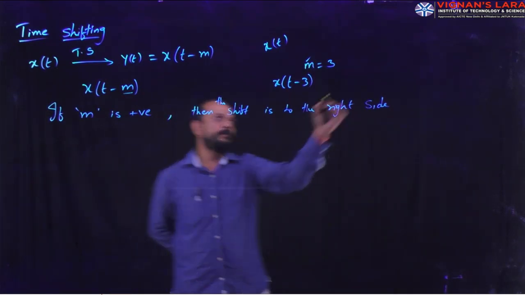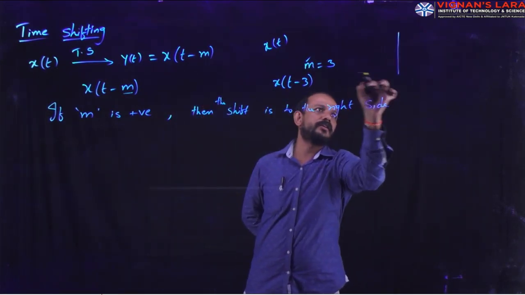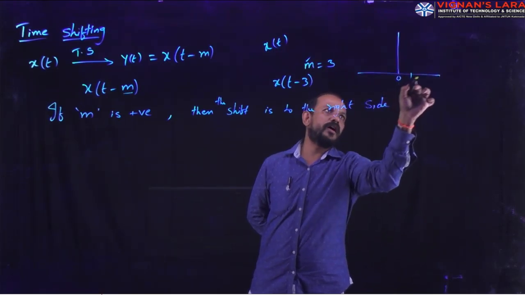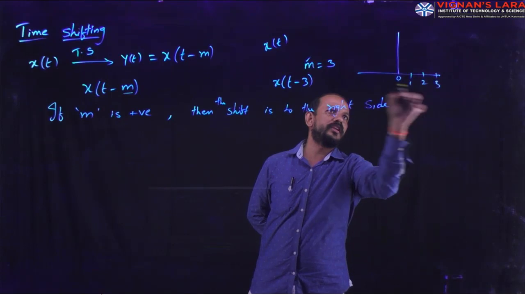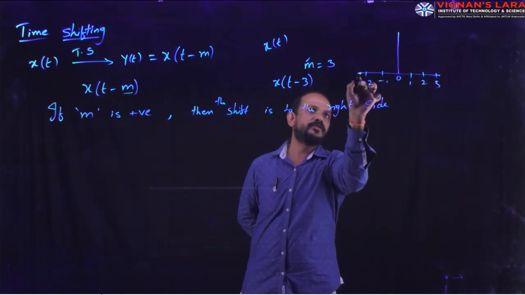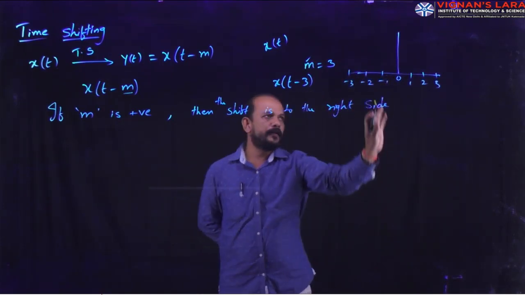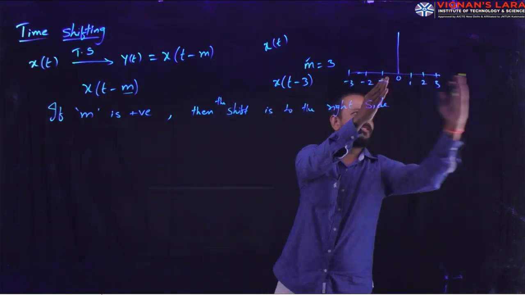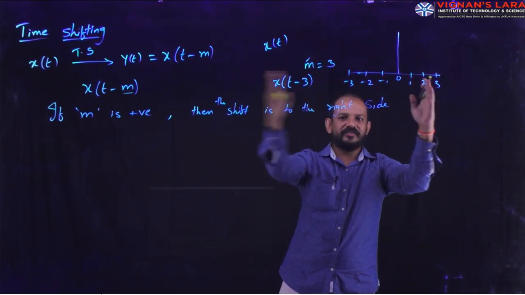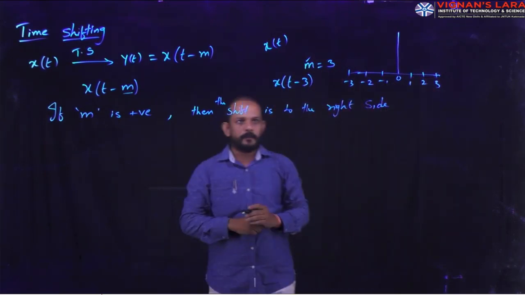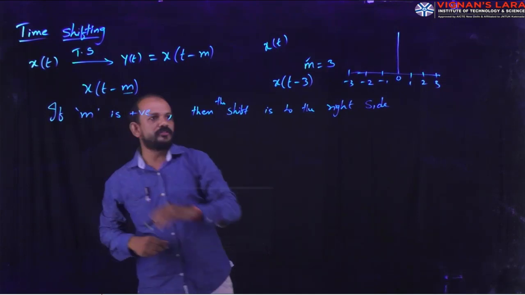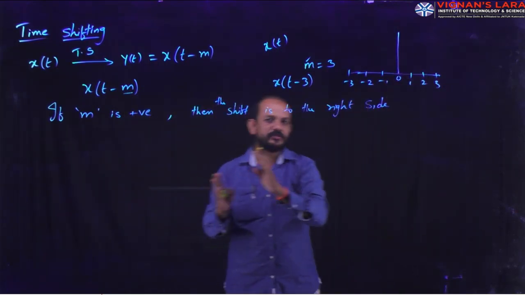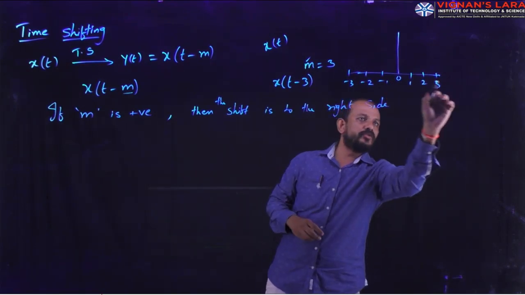If you take this as origin, with 1, 2, 3 and minus 1, minus 2, minus 3, this will be the right side and this will be the left side. Now if m is positive, then the shift is towards the right, so it will move this side.